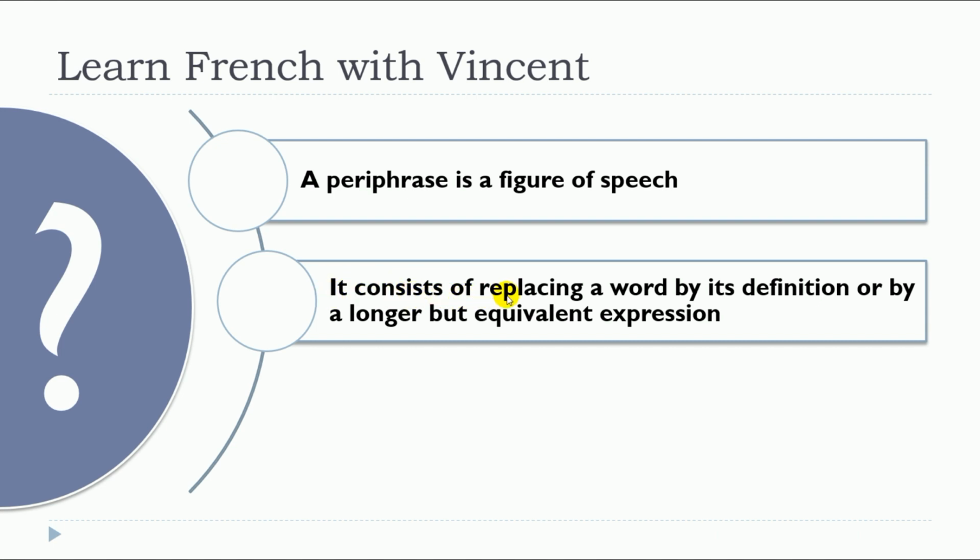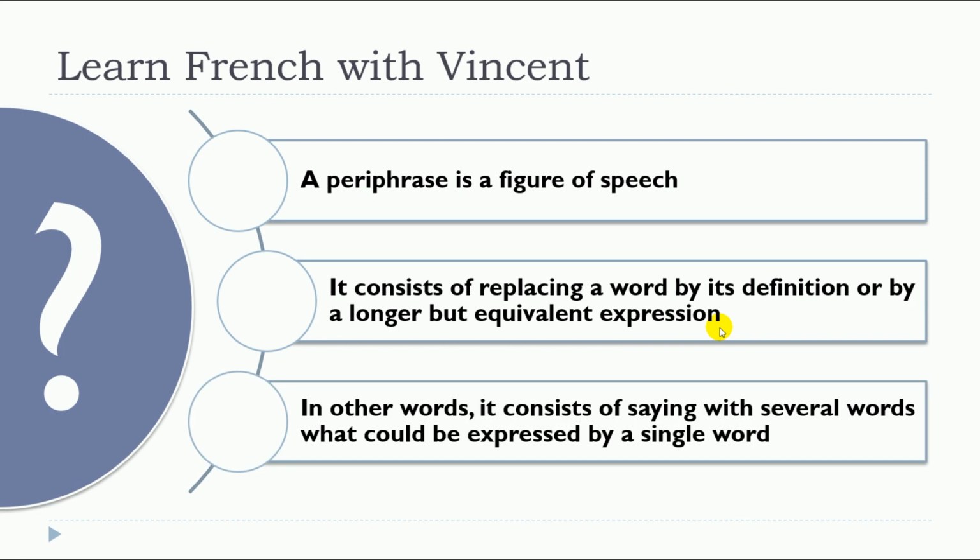It consists of replacing a word by its definition or by a longer but equivalent expression. In other words, it consists of saying with several words what could be expressed by a single word or by several other words. So this is une periphrase, and definitely the concept here is a figure of speech, expressing one concept in a different way.